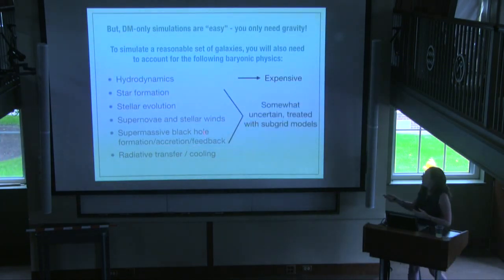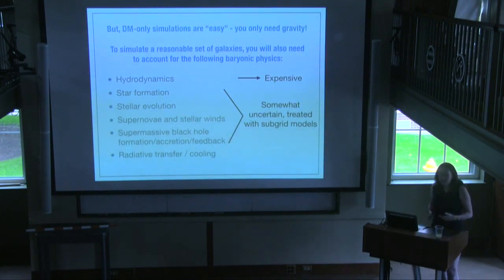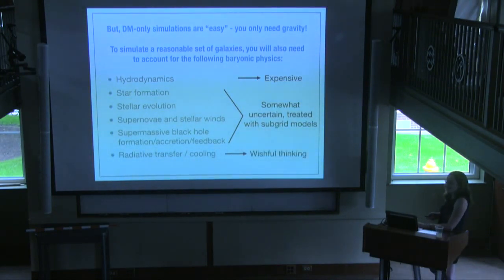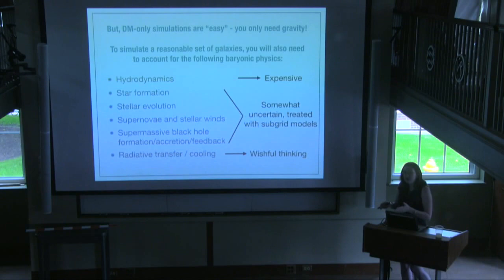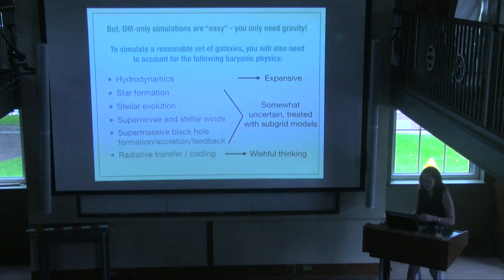And of course, all of these have some level of uncertainty associated with them because they are, in fact, active areas of research. Radiative transfer is, at this point, wishful thinking because it is extremely expensive and difficult to do in a robust and consistent way. And so, by and large, even zoom-in simulations of galaxies don't account for radiative transfer at this time.